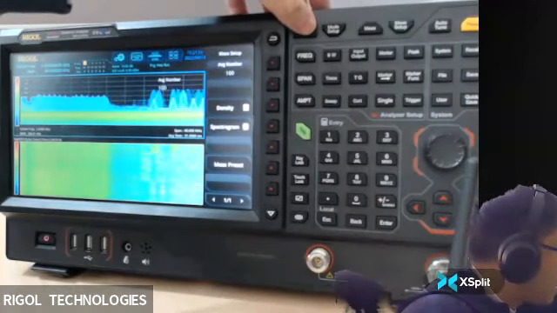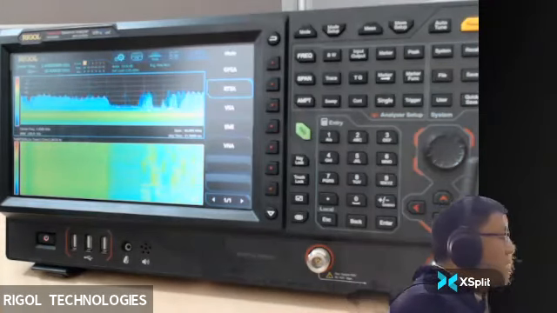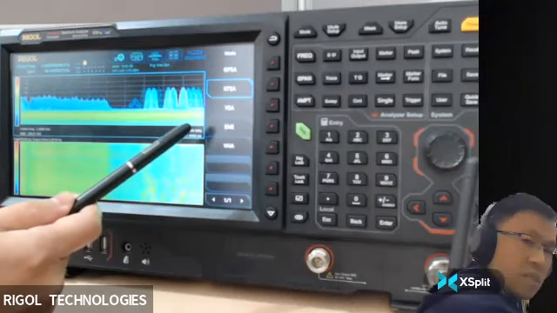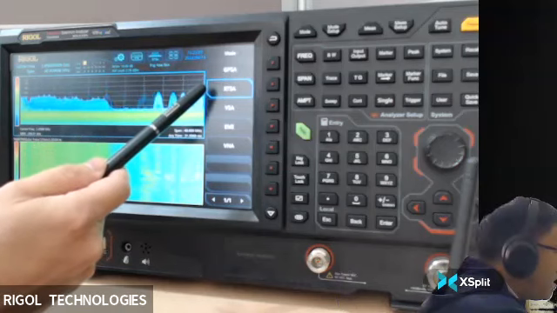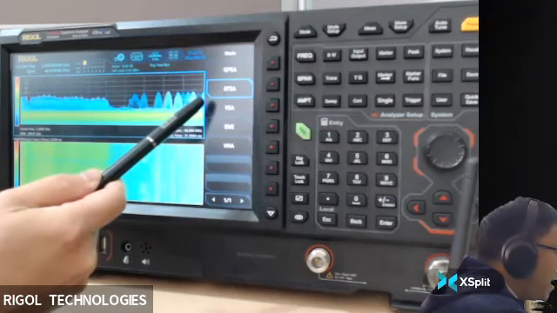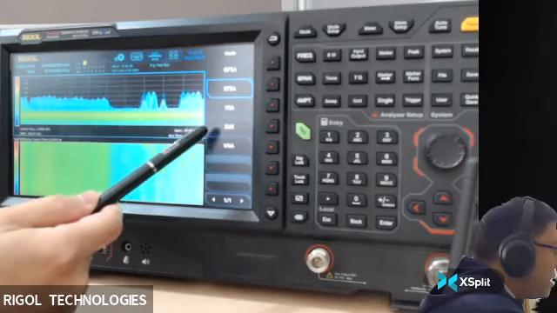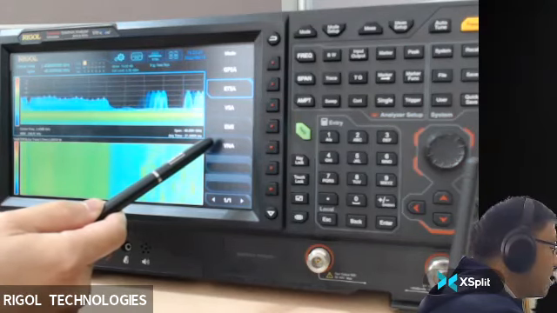Because we can press the mode, and you can see these five instruments in one system: the spectrum analyzer, the real-time spectrum analyzer, the vector signal analysis functionalities, EMI, and the vector network analyzer inside.